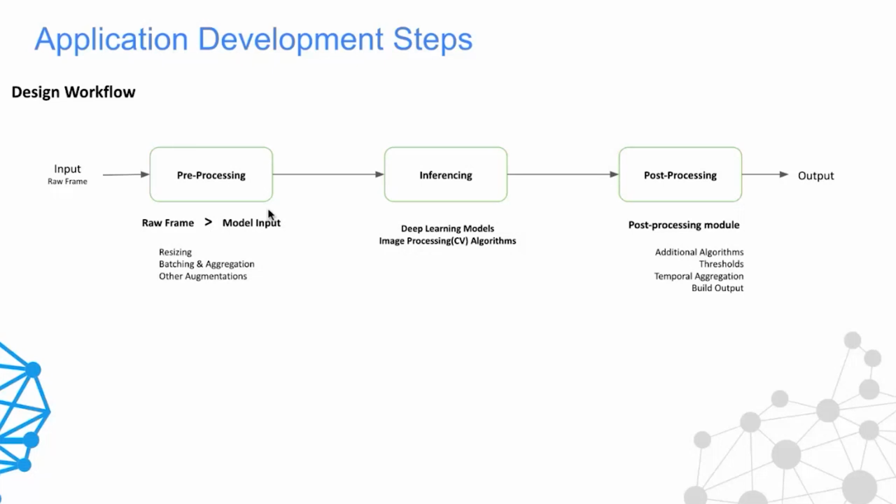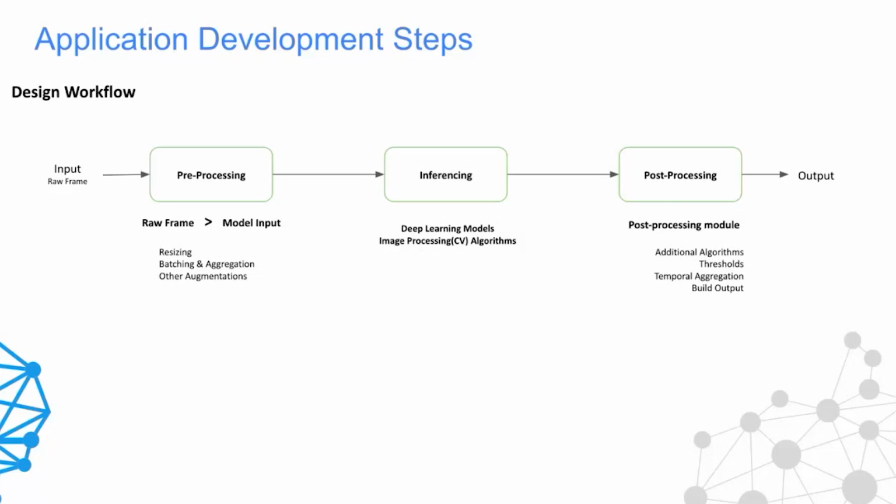This is where a dynamic crop or resizing, batching, aggregation, and any other augmentations can be performed. The inferencing layer is where we have our deep learning models and the computer vision algorithms. And the post-processing module is where we have the additional algorithms, the temporal feature aggregation module, and also the final overlay output that we are going to generate.